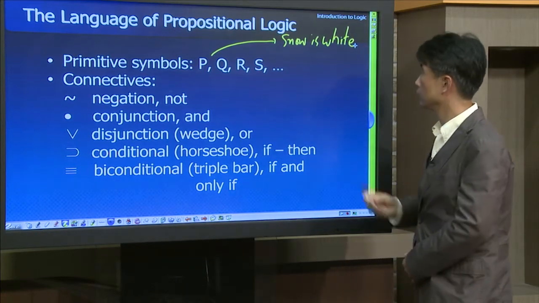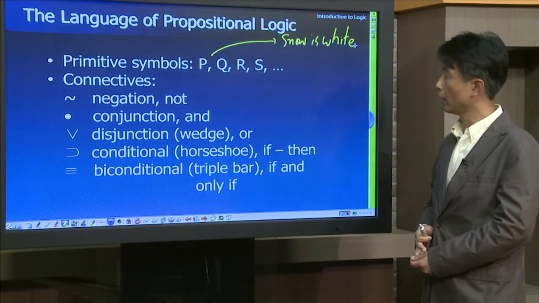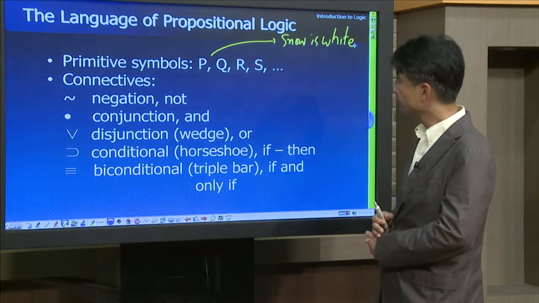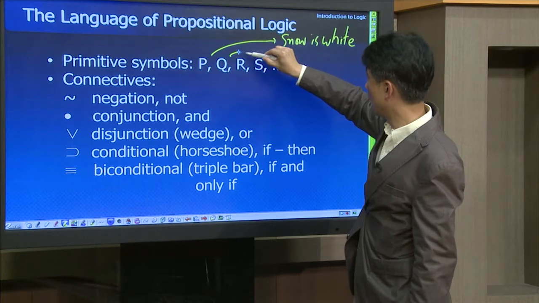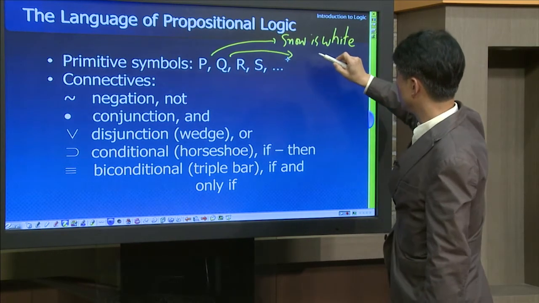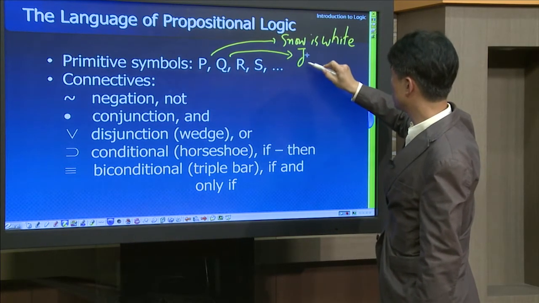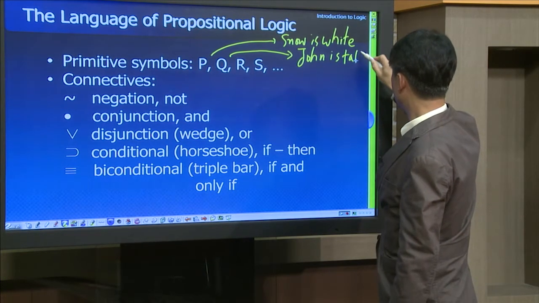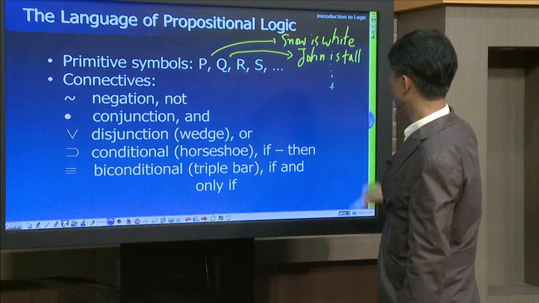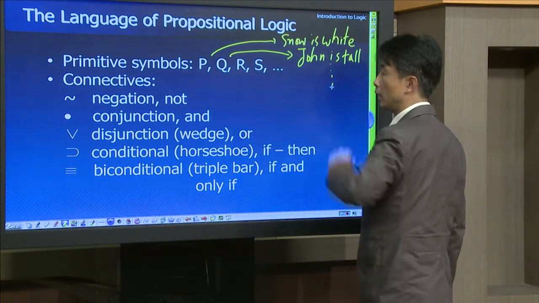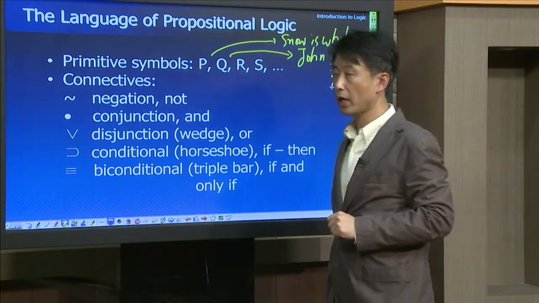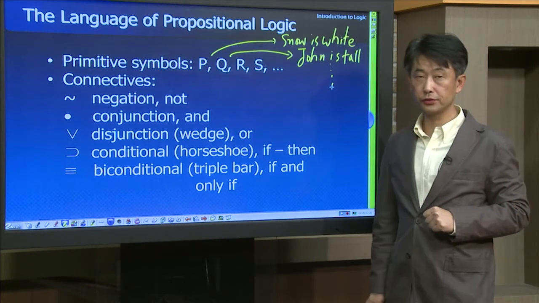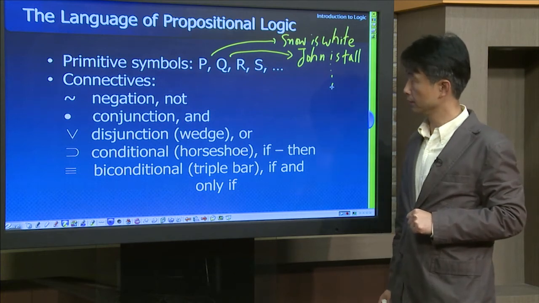Okay, that's a simple statement, and P, a letter P, can symbolize that. Q may symbolize, you name it, for example, John is tall, and so on. Okay, so these capital letters symbolize simple statements in English. Okay?